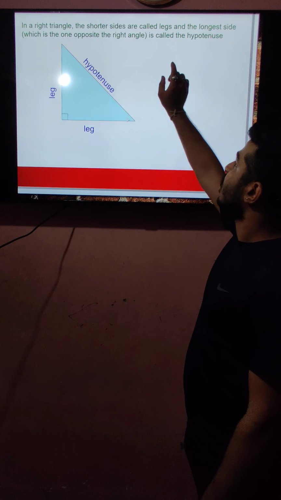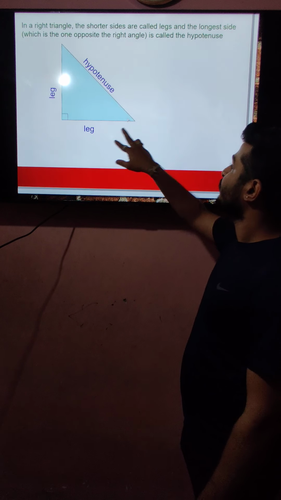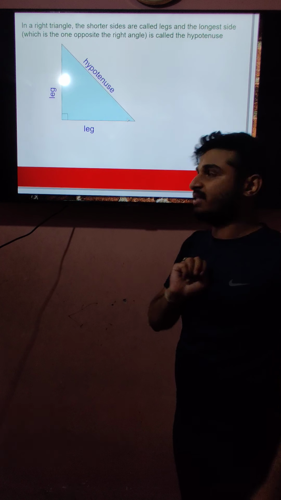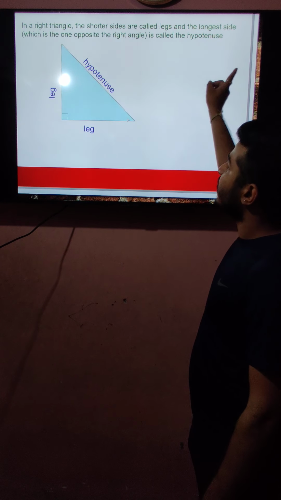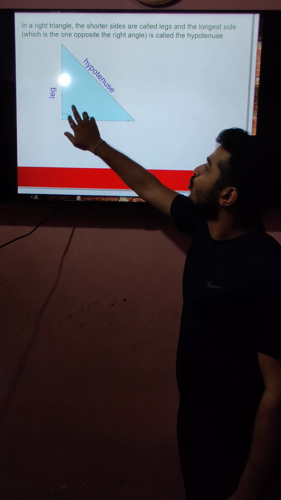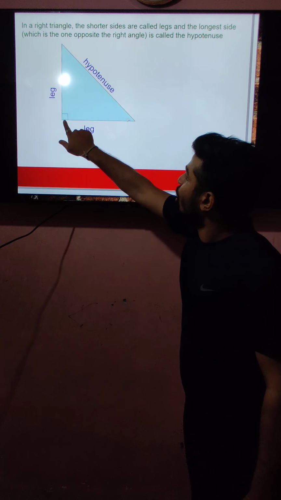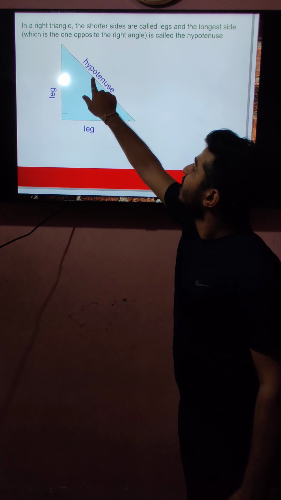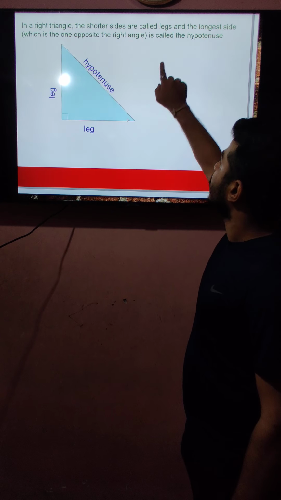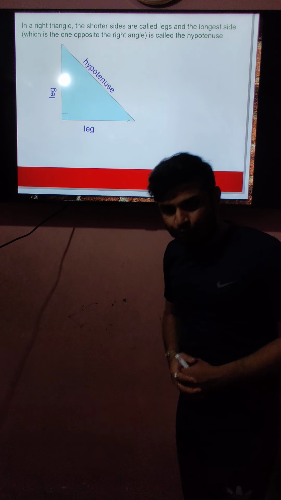The shorter sides are called legs. These two are the legs, and the longest side, which is opposite to the right angle, is called the hypotenuse.